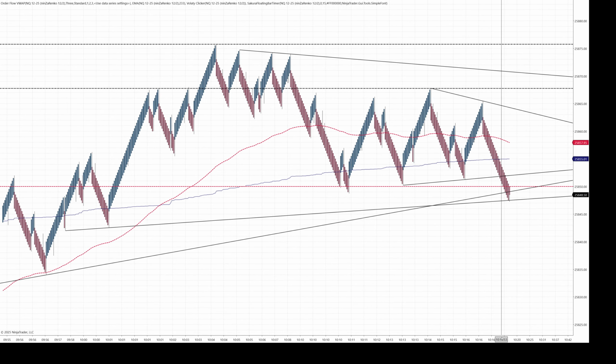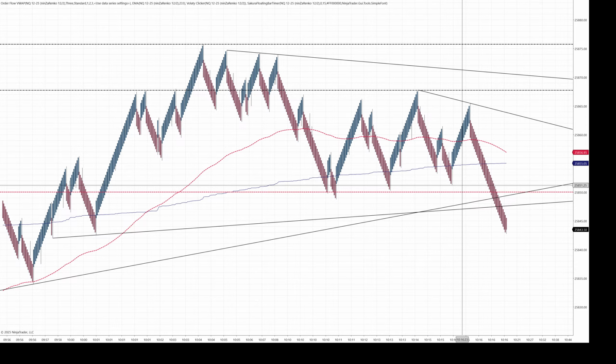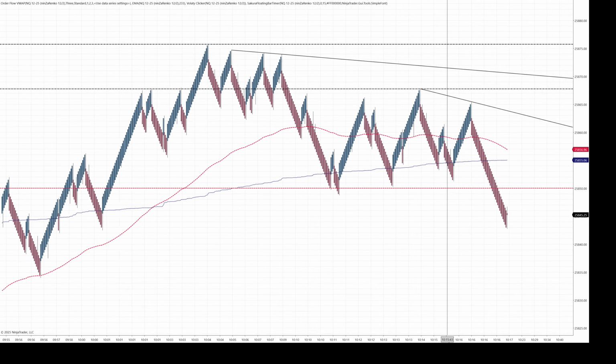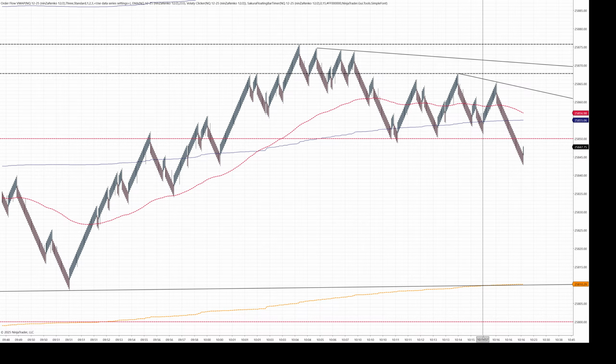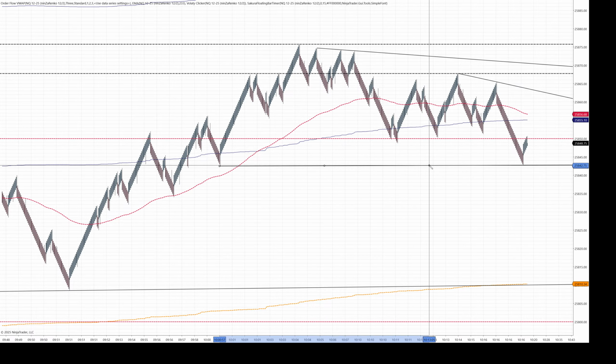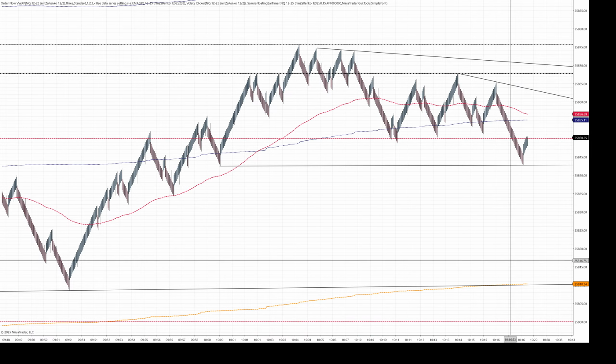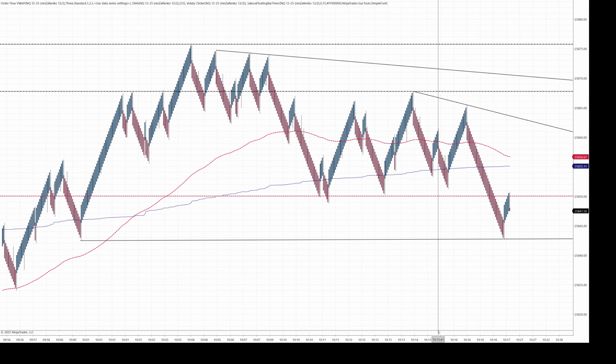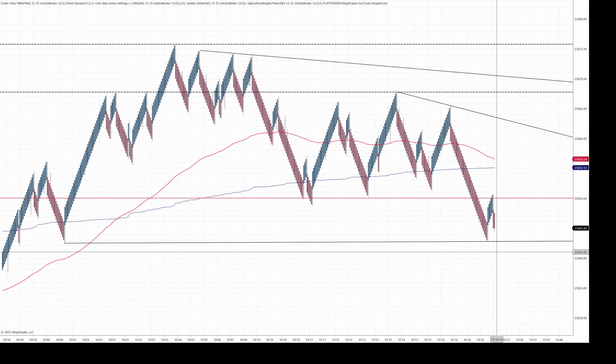All right, we're breaking through a lot of levels now. Can't take it bearish either because of this level that I just drew.